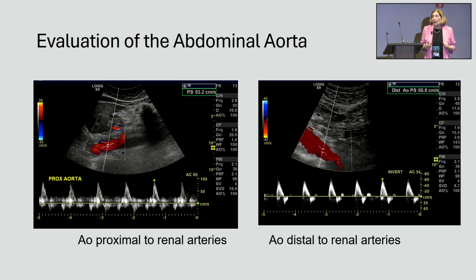When you go to Doppler, so we've talked a bit about B mode, and it's very important that you look at it with B mode. With Doppler, even if I can't see the takeoff of the renals or something else, if I'm cranial to low resistance vessels, then I am going to get a signal that is more like the one that we see in the proximal aorta on your left.